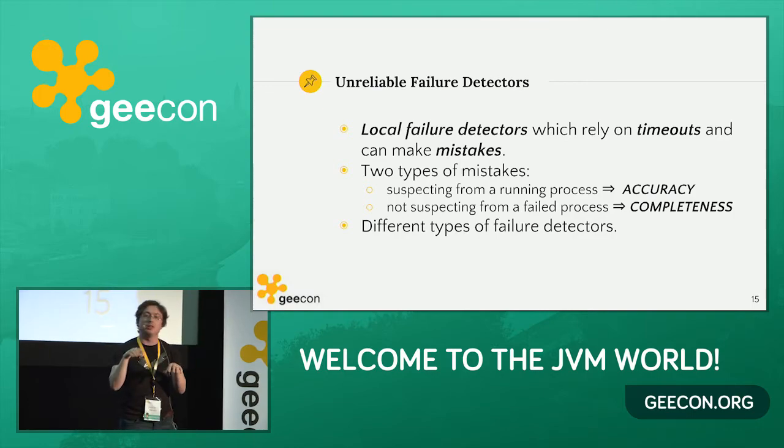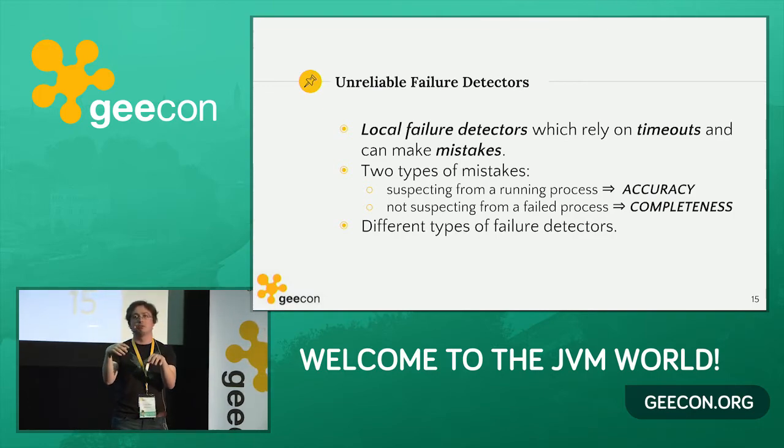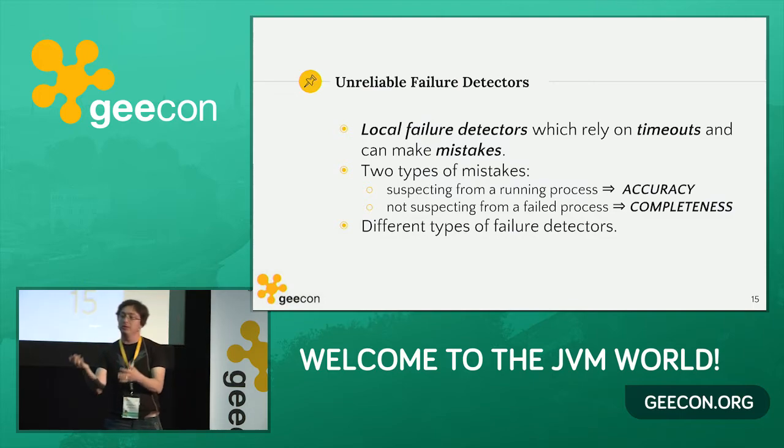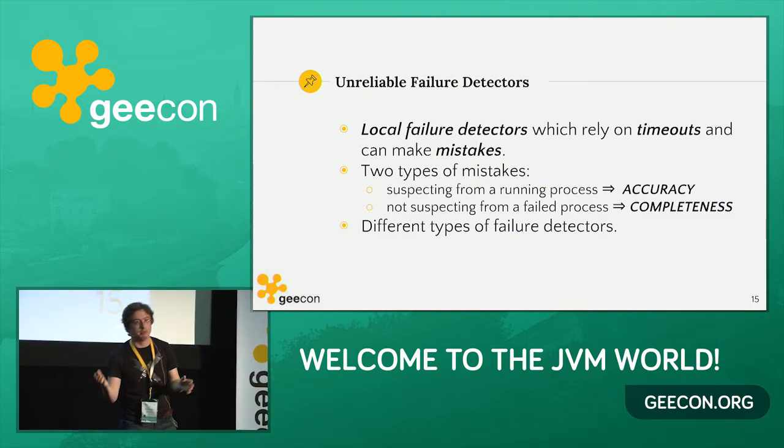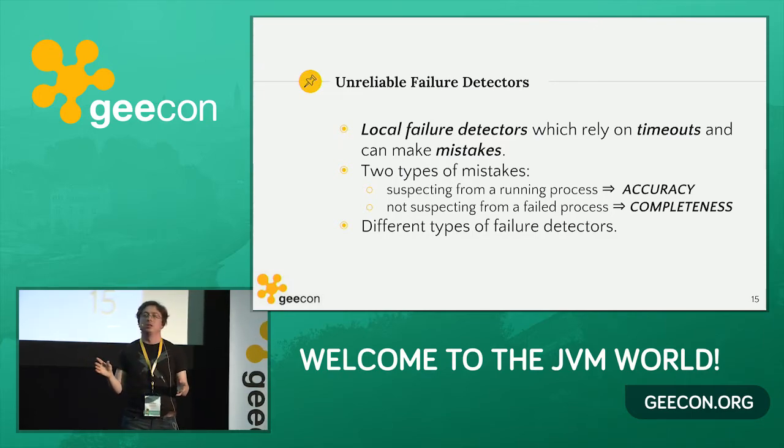Based on the level of accuracy and level of completeness they have, there are different types of failure detectors, and in the paper they also calculate how many failures a particular type of failure detector can handle to solve the consensus problem. So this is the basic idea. When we make some timing assumptions, most of the problems can become easier.